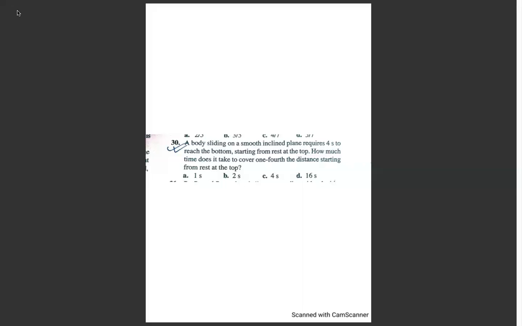Answer is not C. Very good, very good. Answer is option B. Others, please do find out.